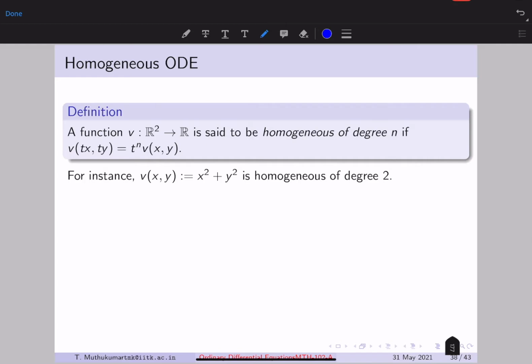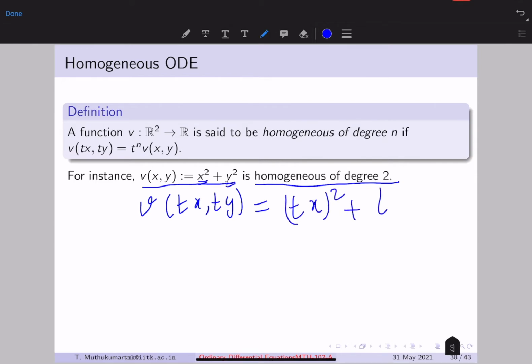So let's see an example to get across the idea. For instance, take v to be x squared plus y squared. This is homogeneous of degree 2. Why? If you take v(tx, ty), wherever you have x you put tx, wherever you have y you put ty. So this is (tx) squared plus (ty) squared, which is t squared x squared plus t squared y squared.